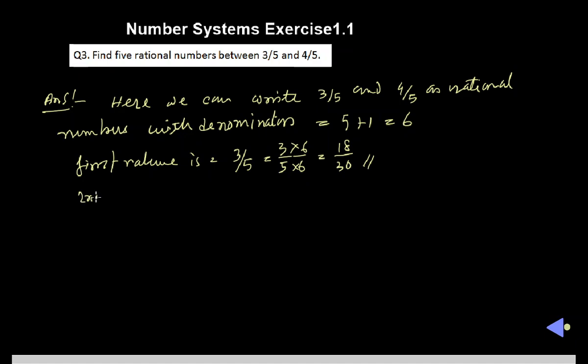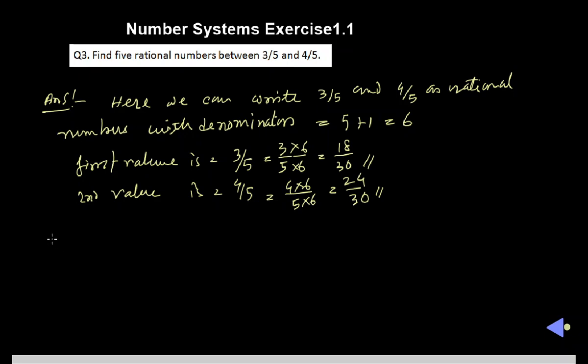And the second value or number is 4 upon 5. That means 4 times 6, 5 times 6, that means 24 upon 30. Okay, so we have to find now 5 rational numbers in between 18 by 30 and 24 by 30.